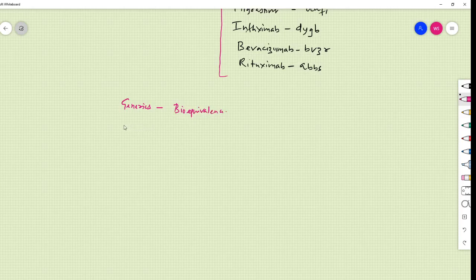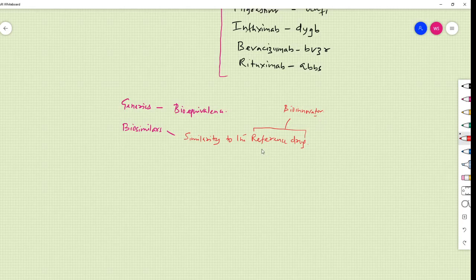But in the case of biosimilars, the company has to prove similarity to the reference product. What is the reference drug? The reference drug is nothing but the bio-innovator molecule.